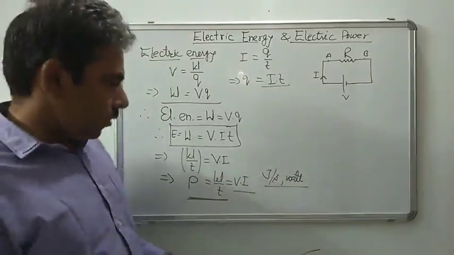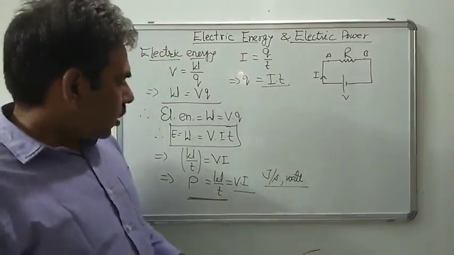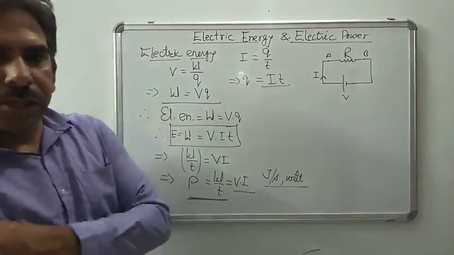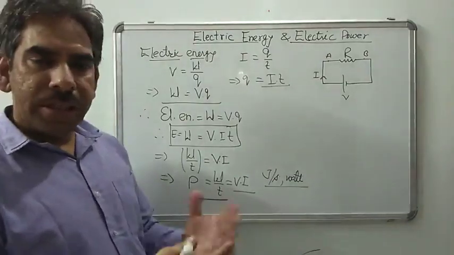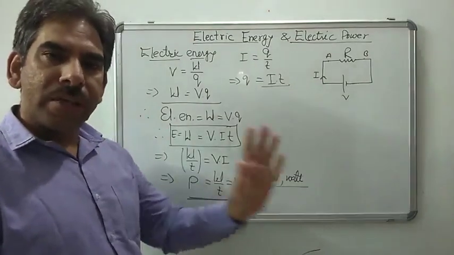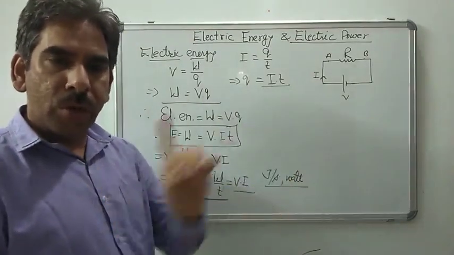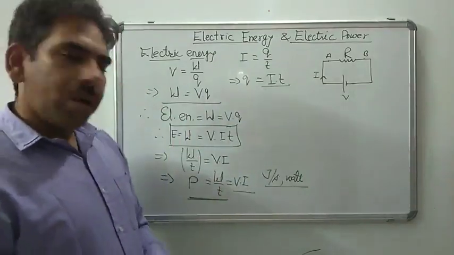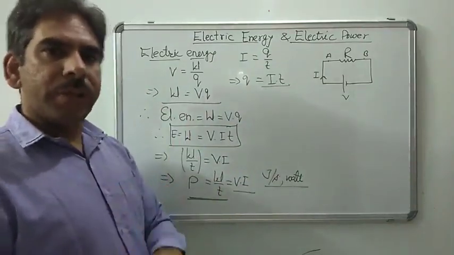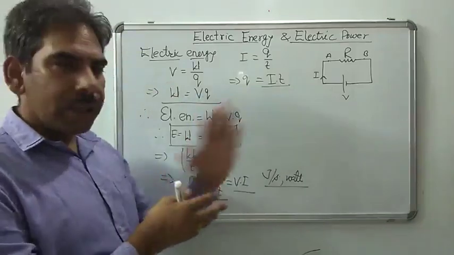So these are a few important terms which are necessary to understand for this topic. Electric energy is the energy spent by the source in order to maintain a constant amount of current in the circuit for a specified period of time. Or the energy consumed is equal to the energy spent by the source.